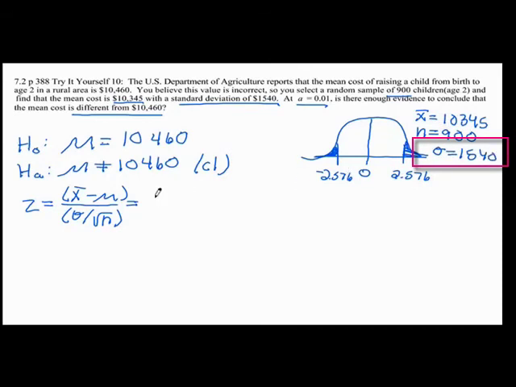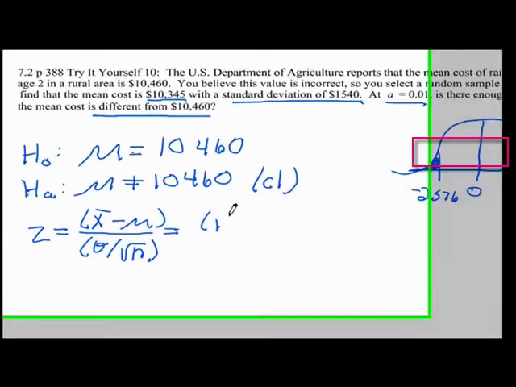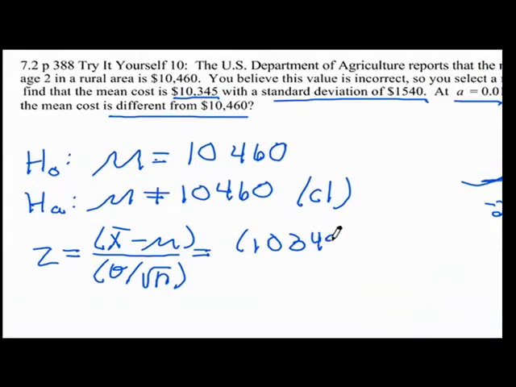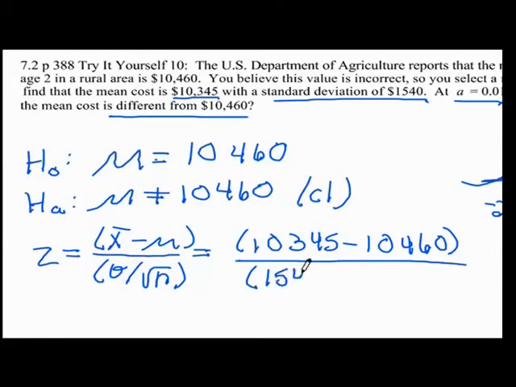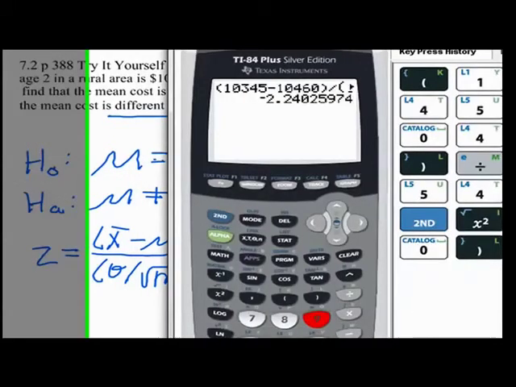So let's put all those in our formula, and we will have the x bar of 10,345 minus the mean of 10,460 divided by the standard deviation of 1,540 divided by the square root of our n, which is 900. And let's put that all in our calculator.